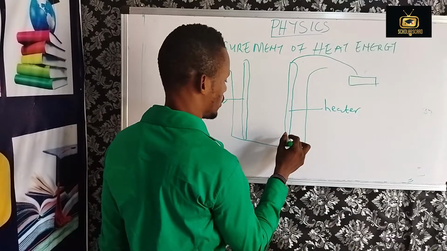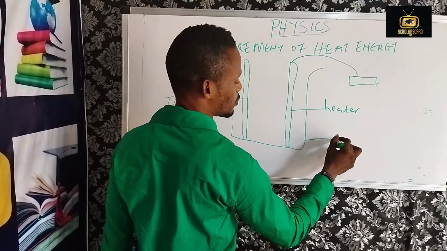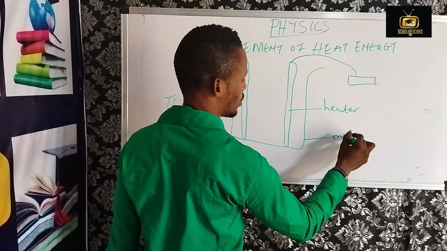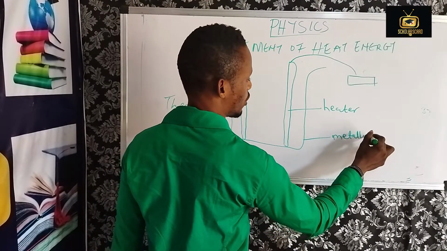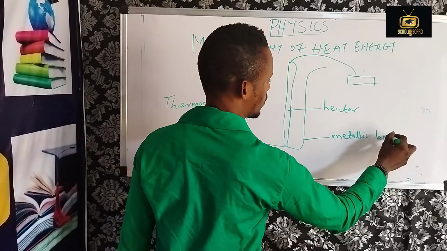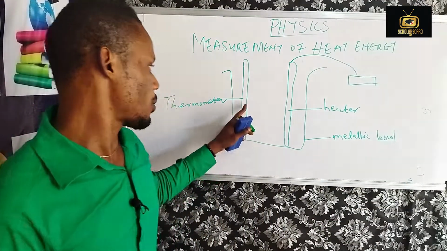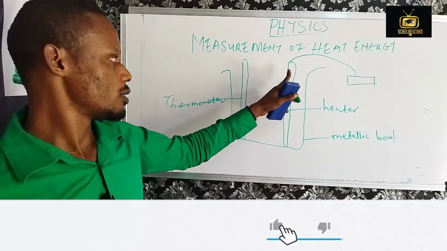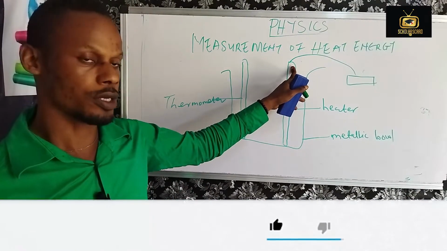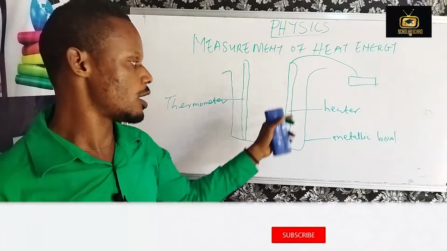Look at the diagram here. Are you getting it? Good. We have a thermometer, which is to measure temperature, the source of electricity, which is the boiling ring or heater, and this is the metallic bowl.